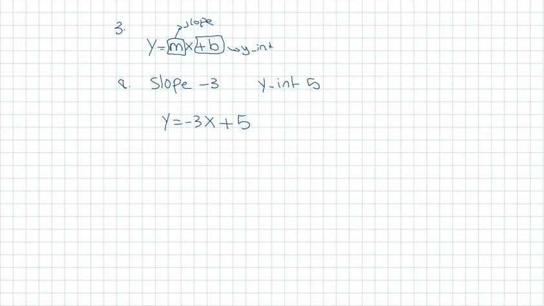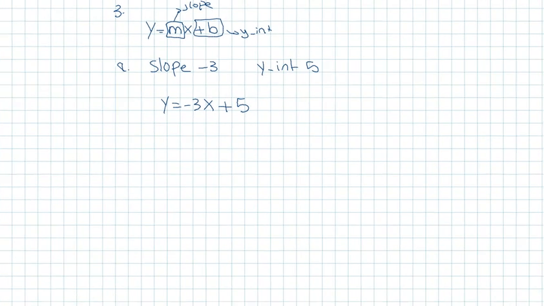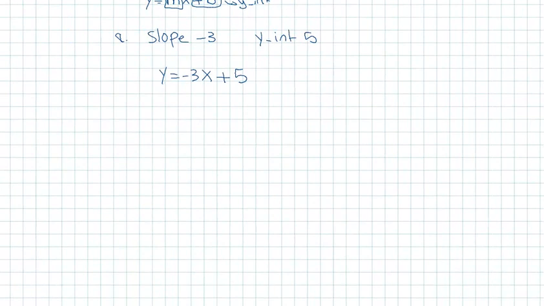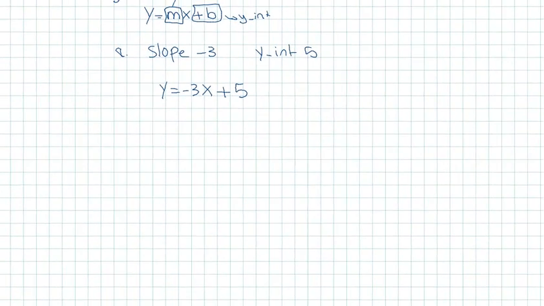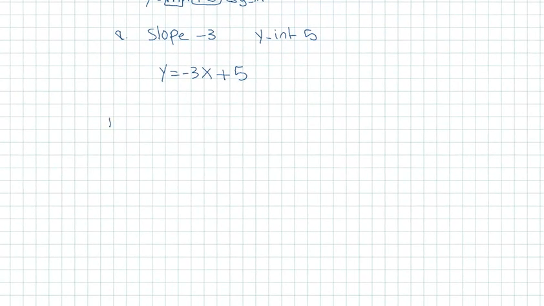Now, the next question is asking you to find, again, the equation of the line passing through points 5, 7, and -2, -3. So in this case, they don't give you any slope, they give you 2 points.